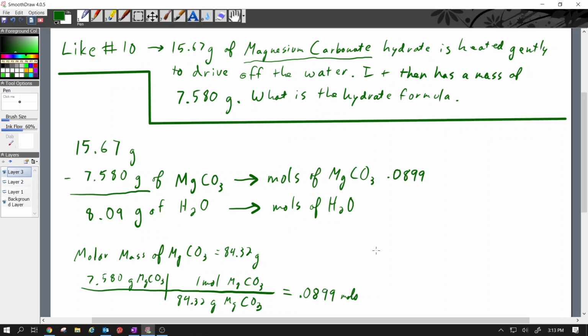0.0899. I'm going to switch colors for this one. A nice bright purple. So 8.09 grams H2O divided by 18.02 grams of H2O in 1 mole of H2O.